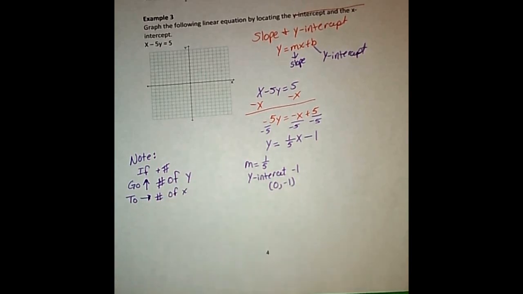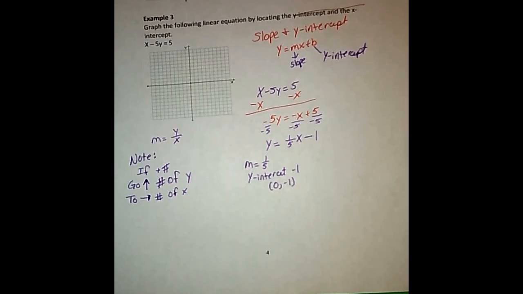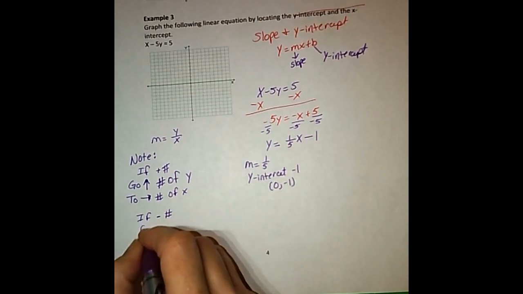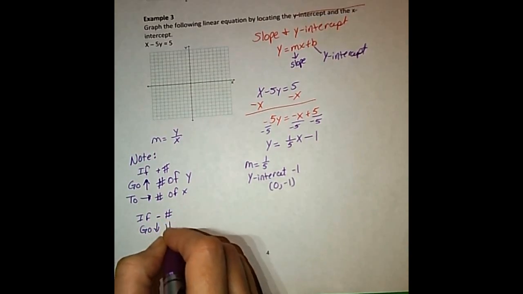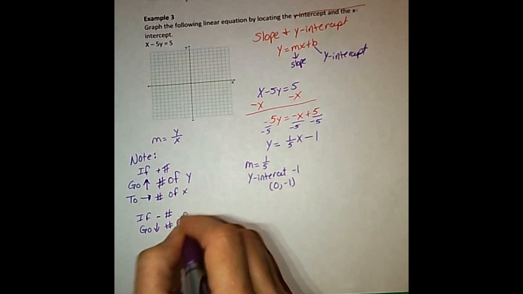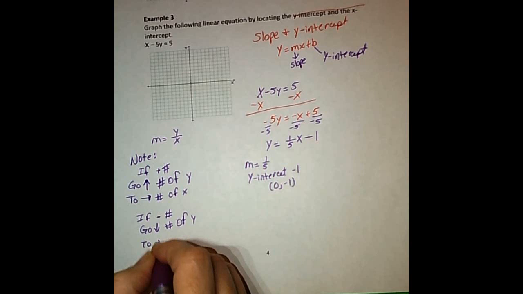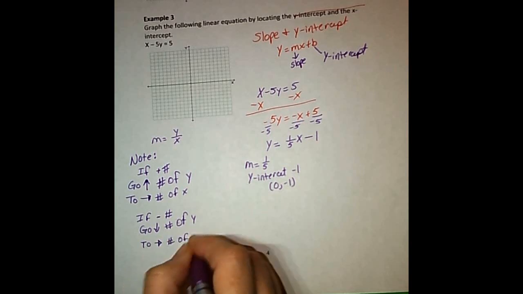And just a quick reminder, our slope is equal to y over x. Remember, at the beginning I said that it's a change in y divided by a change in x, and we'll do an example here in a little bit solving for the slope. If the slope is a negative number, go down the number of y's and go to the right the number of x.